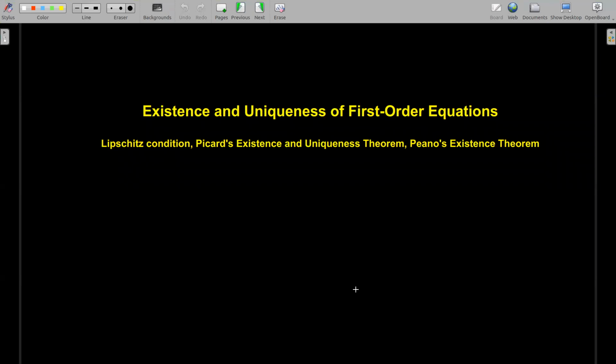So starting with linear equations, we will move to first order non-linear equations, and we will talk about whether there exists a solution, if a solution exists, whether it is unique or not, and we put appropriate conditions to see existence and uniqueness of the solution of initial value problems.